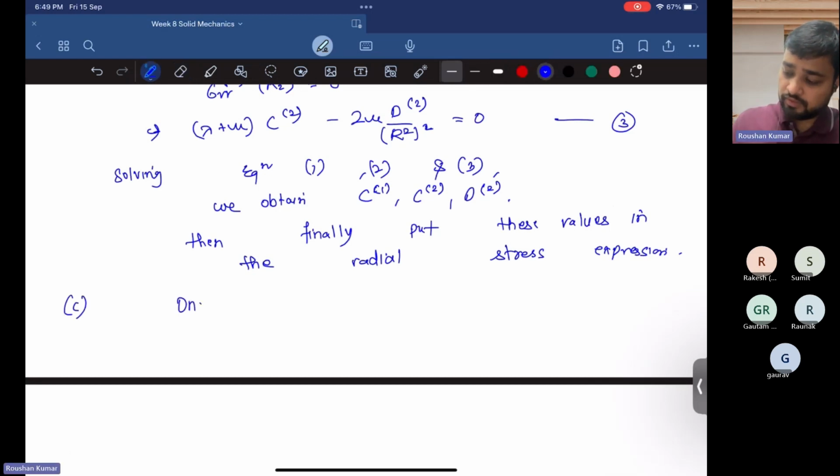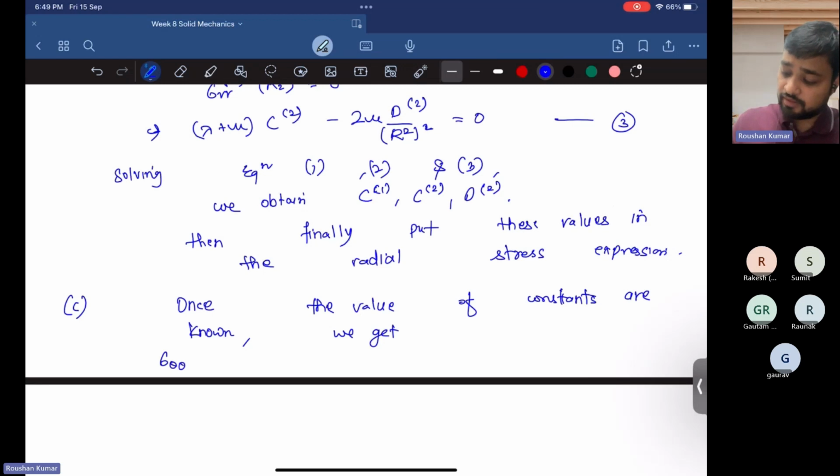Once the values of the constants are known, then simply we get the circumferential stress.